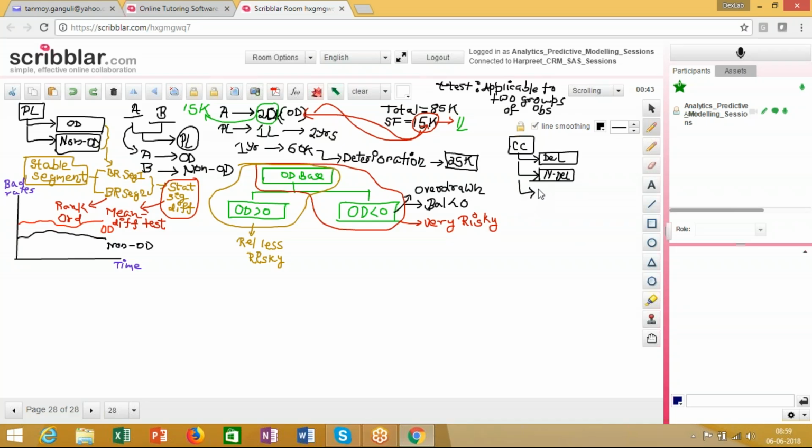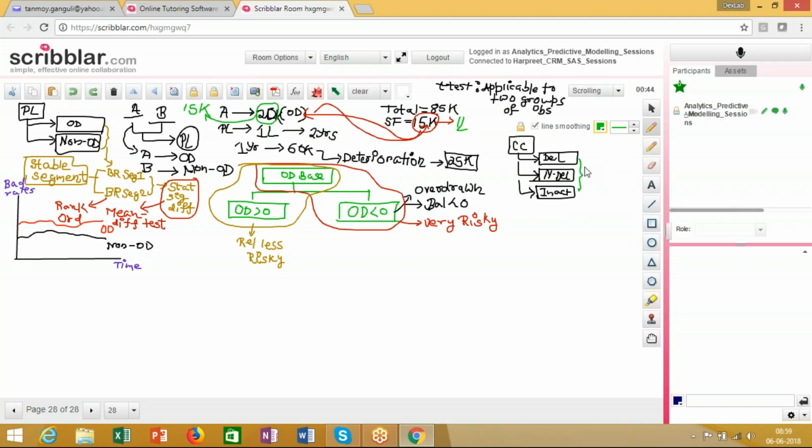And the third that we have over here is an inactive segment. So now I have three groups of observations. Now the question is, how do I do the mean difference test?